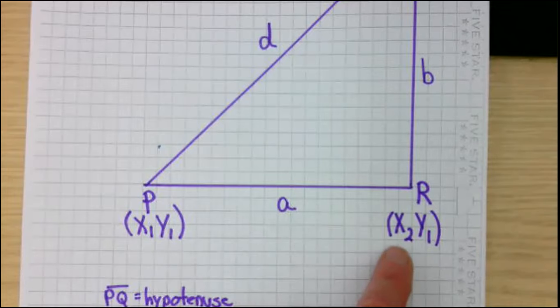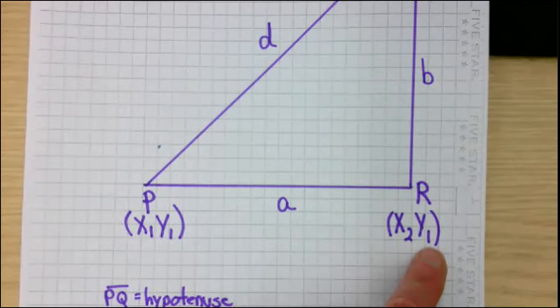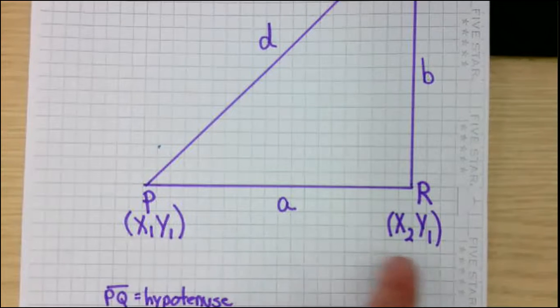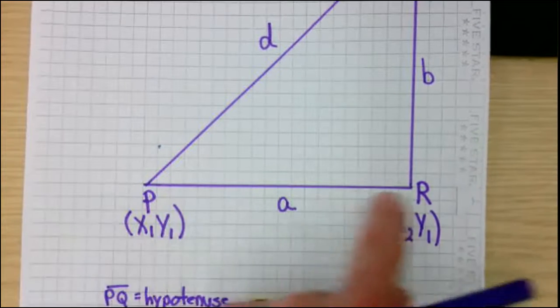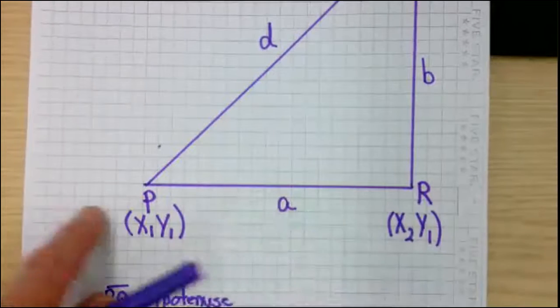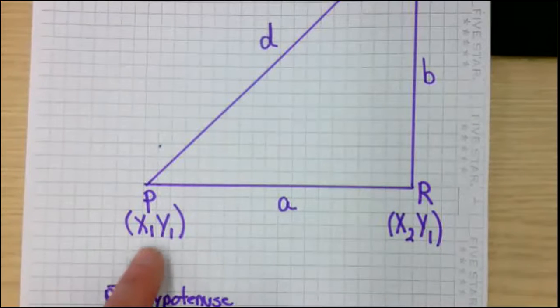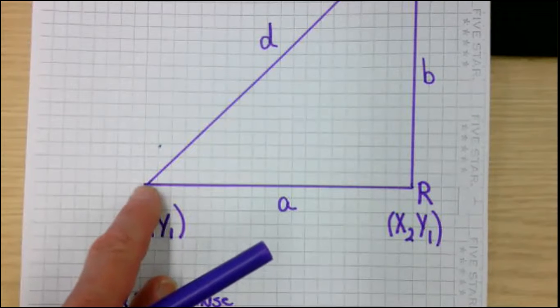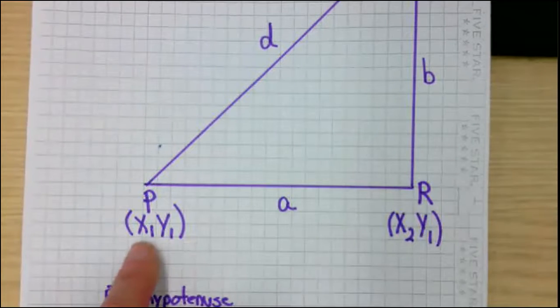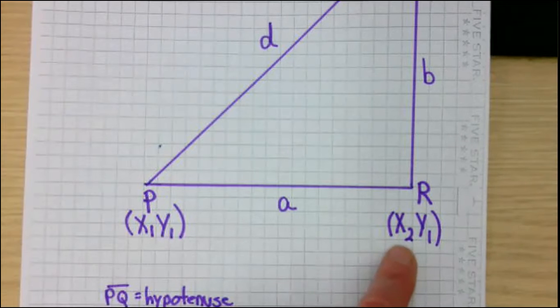R has a certain x coordinate and a certain y coordinate. Notice how the y's are the same because you're at the same horizontal line, right? The x's, however, are different. This lies in a different spot than this. So this is considered x1, the first point. This is considered x2, the second point.